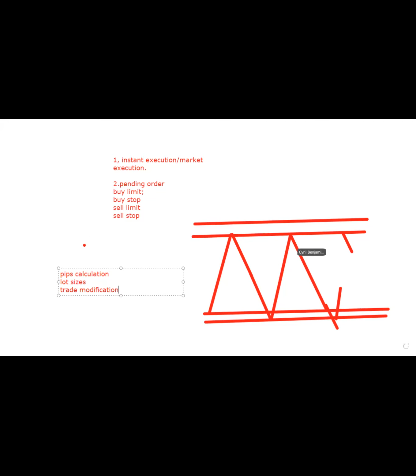So those are the three things we'll cover tomorrow. But all the basic explanation we did today, I hope you understand.